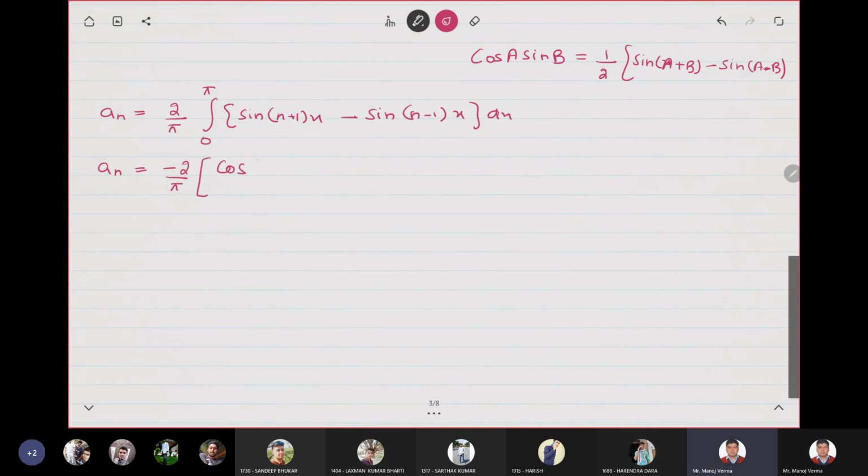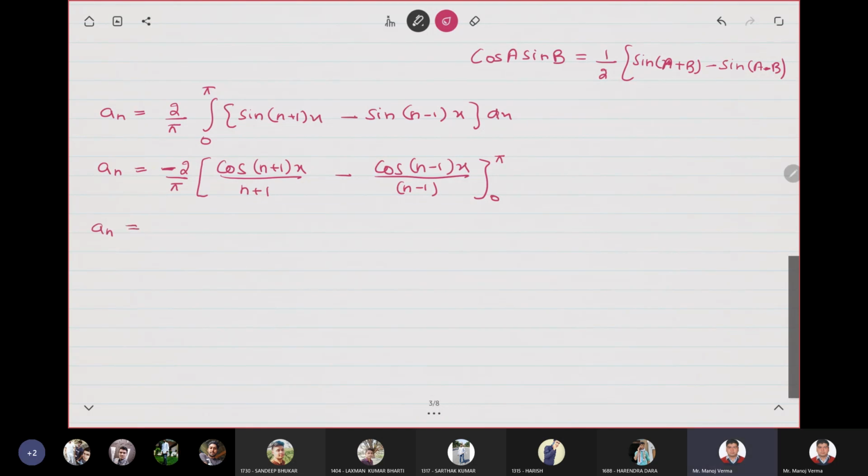So this will be cos (n plus 1)x divided by n plus 1 minus cos (n minus 1)x divided by n minus 1, of course in the limits from 0 to pi. This negative sign is because both of the sine terms, when integrated, give a negative minus cos. So I am taking out the common factor from the first step itself.